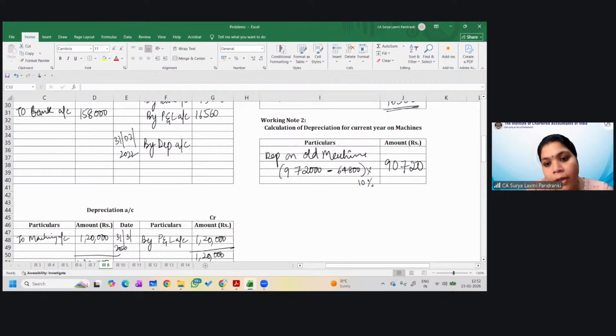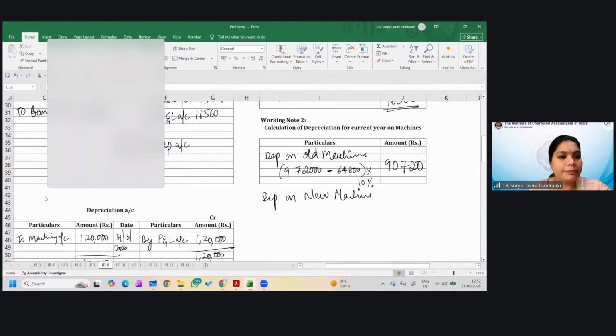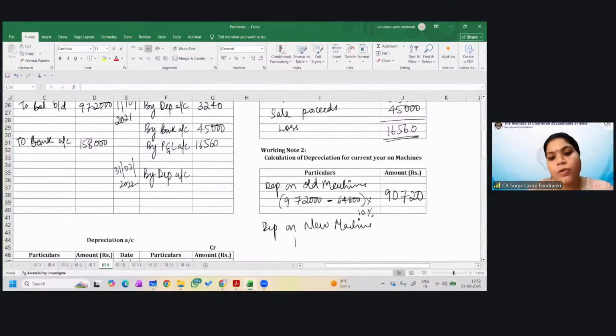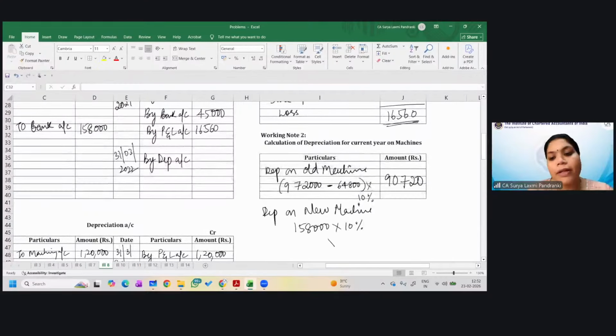90,720. Okay. But you also have a new machine. So depreciation on new machine has to be calculated. What is the value of new machine? We have written here. To bank, we wrote 1,58,000, right? So 1,58,000 into 10%. Again, this has to be calculated for 6 months only. Why only 6 months? Because it was purchased on 1st October. So only for 6 months.